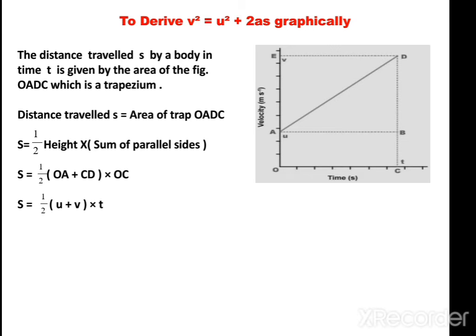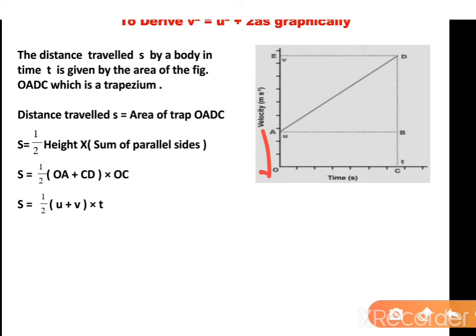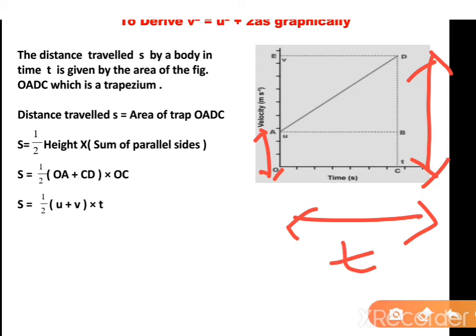So S is equal to half into OA, we already know OA is equal to U and CD is equal to V and OC is equal to T. That is what we have substituted in this formula. S is equal to half into OA as U, CD as V and OC as T.